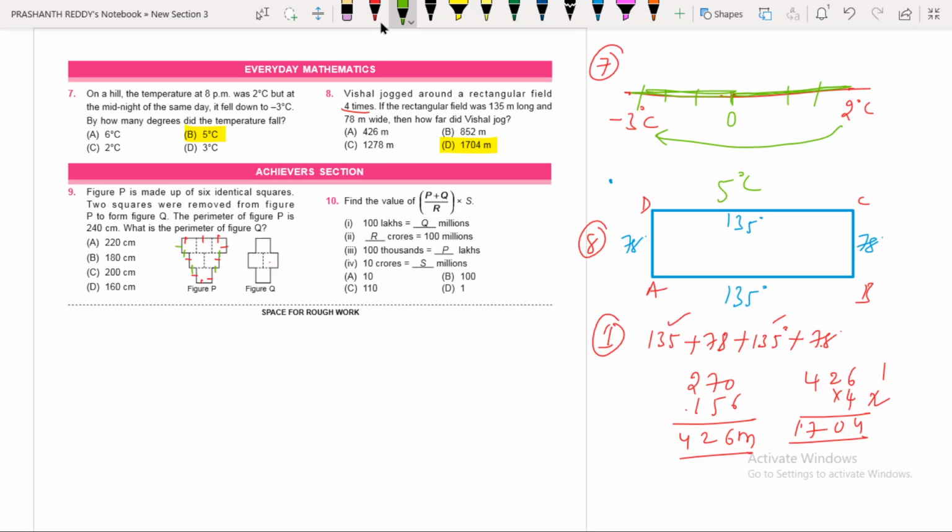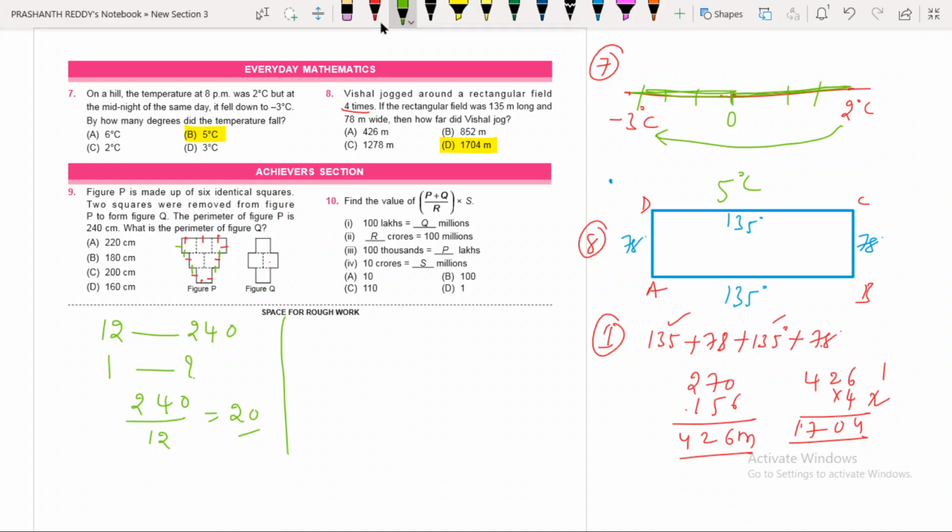Yes, so in total how many sides are you getting? Total 12 sides. 12 side lengths are equal to how many meters? 240 meters. Now we can find out one side length. Children, what are you getting? 240 by 12 means 20. Therefore each side length is 20 meters. I hope you understood.